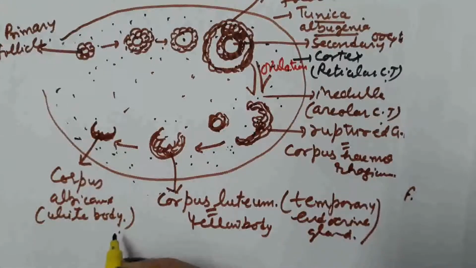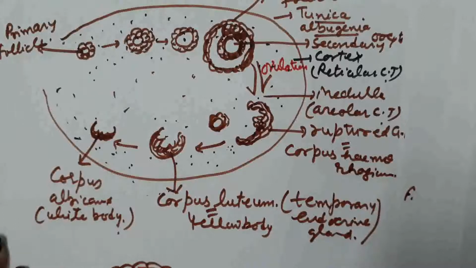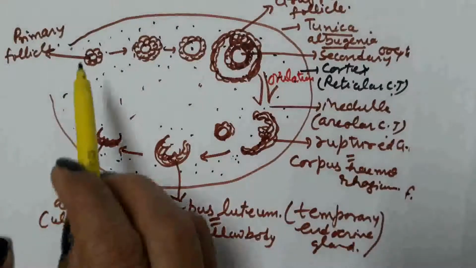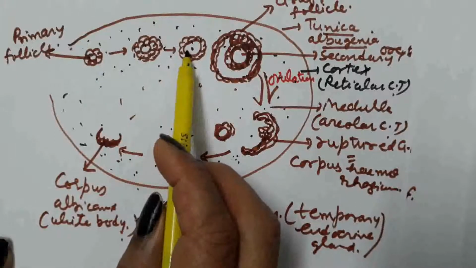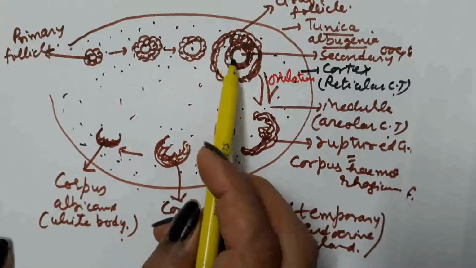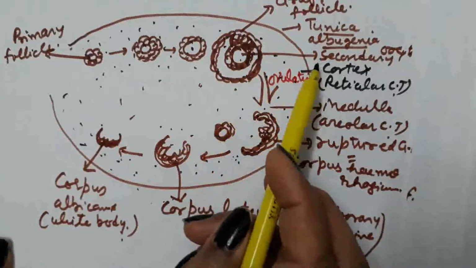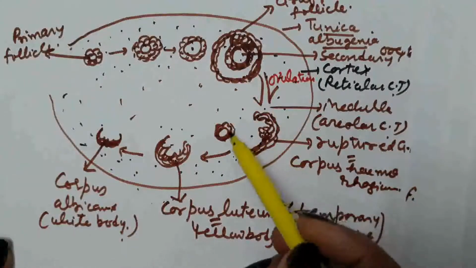So this is the internal structure of ovary, in which we observe the different stages of primary follicle development, which takes place every month inside the ovary. Primary follicle gets transformed into secondary or tertiary follicle and then converted into Graafian follicle. In the center of the Graafian follicle there is secondary oocyte, and then the Graafian follicle ruptures and release of egg takes place.